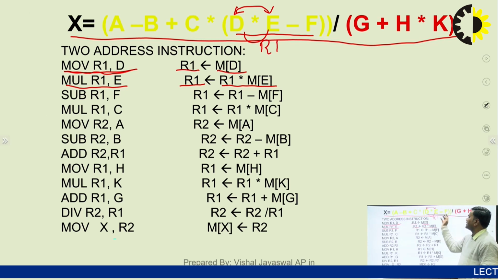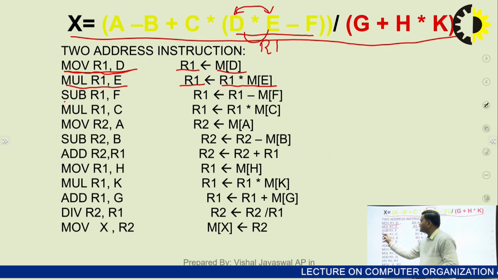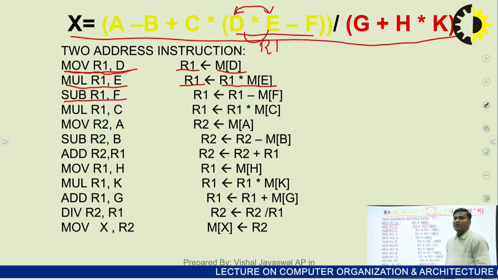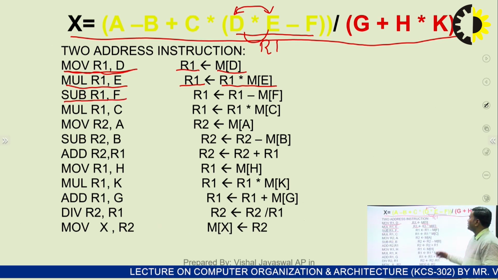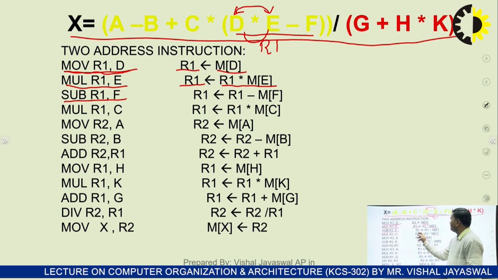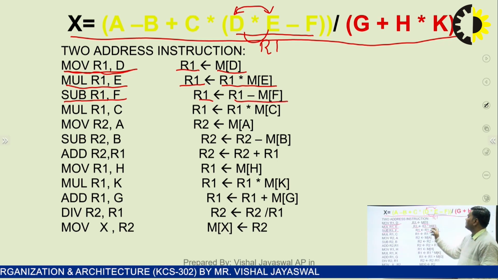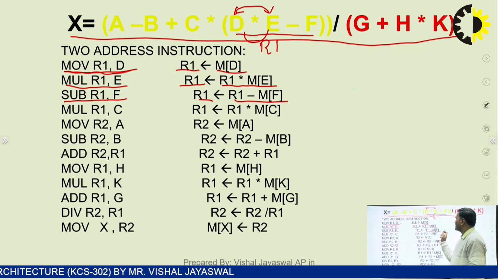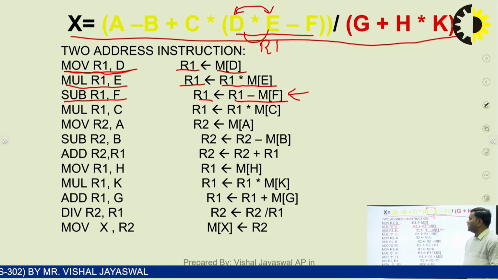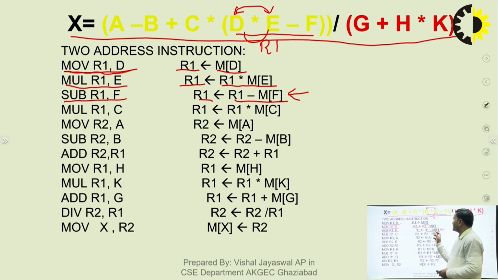After that we have to subtract F. For this we are using the subtract instruction: subtract R1 comma F, means R1 tends to R1 minus M of F. Before this instruction R1 contains D into E, so R1 minus M of F means D into E minus F is performed, and the result is stored in R1. So this whole bracket result is in the R1 register.